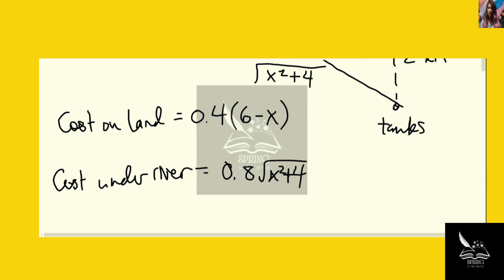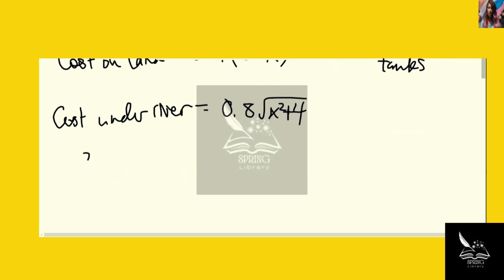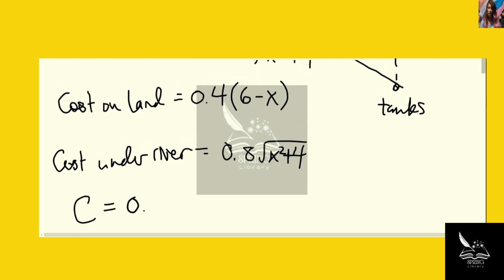Therefore, the total cost of laying the pipes in millions of dollars, which I'll call C, is the sum of these two costs: 0.4 times 6 minus x plus 0.8 times the square root of x squared plus 4.